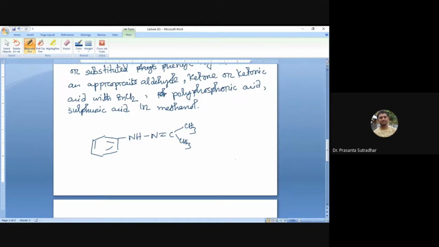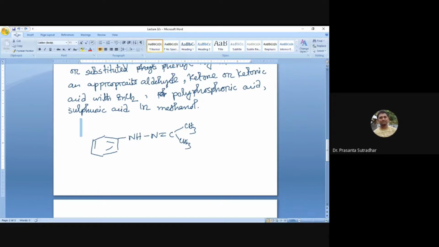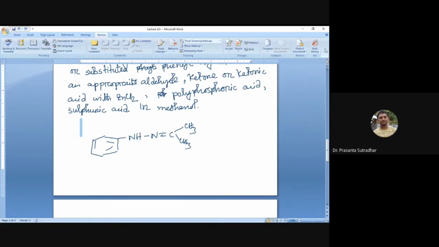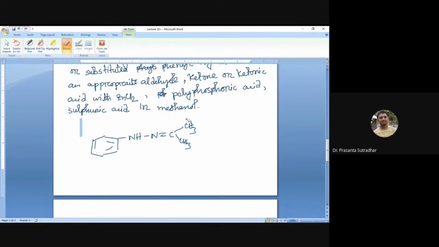Now I can convert this CH bond into double bonded character.